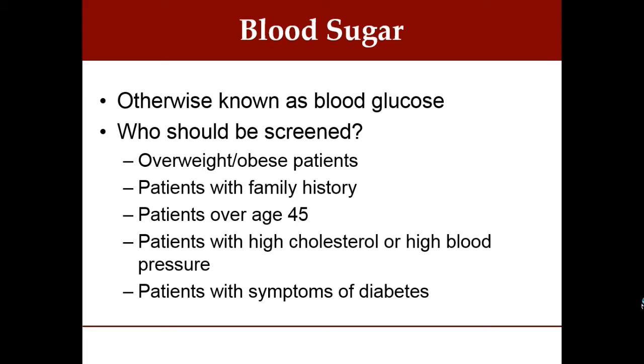And so again, we're going to talk about who needs to be screened with blood sugar, who needs to be screened for diabetes. And that basically is a lot of patients, as we talked about before, but specifically those that are overweight or obese, patients with a strong family history of diabetes. Most patients over 45, it's recommended that they get a blood sugar to check for diabetes.